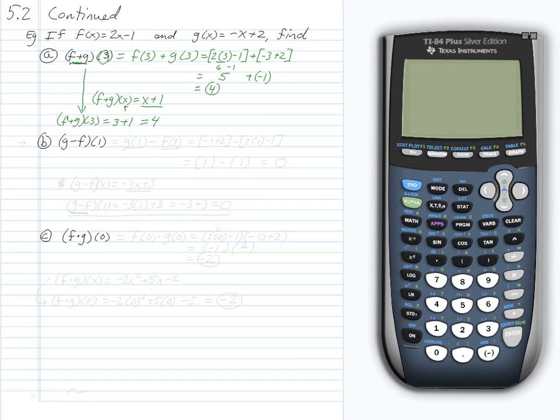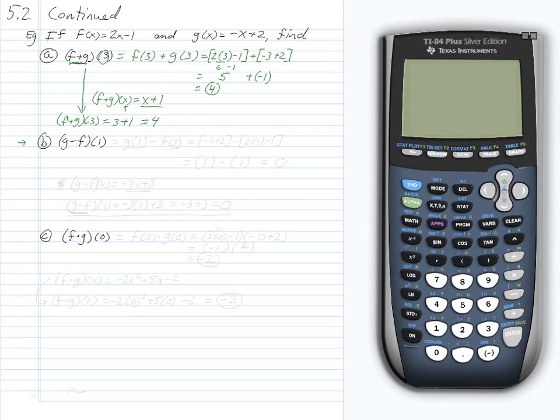If you find that you're using a combination like f plus g or cost minus revenue, for instance, you may want to plug something into the difference function or the sum function over and over again. And it gets quite tedious plugging a value into 2 functions and then calculating the sum of the results, when you could simply find that sum function and plug your input directly into that.